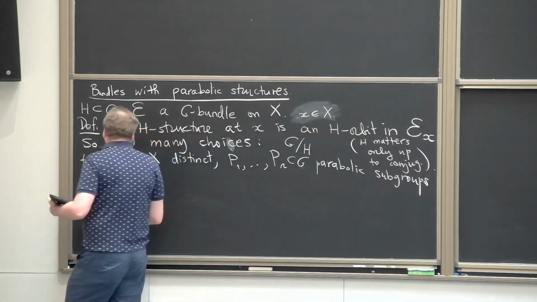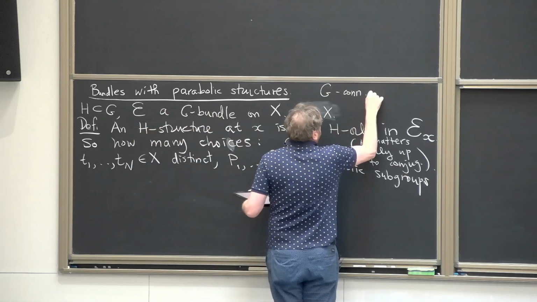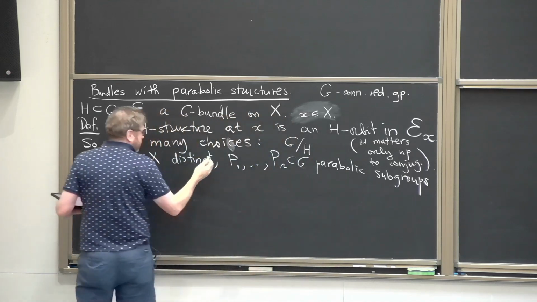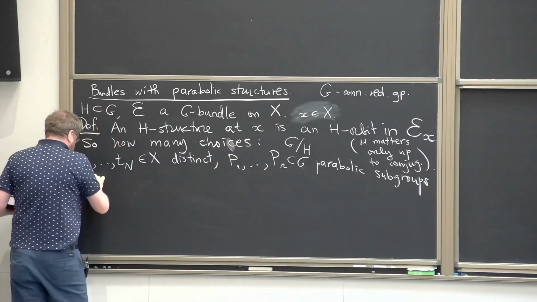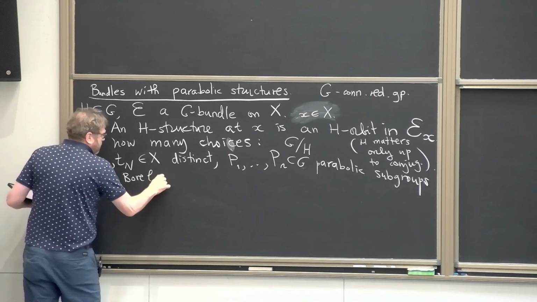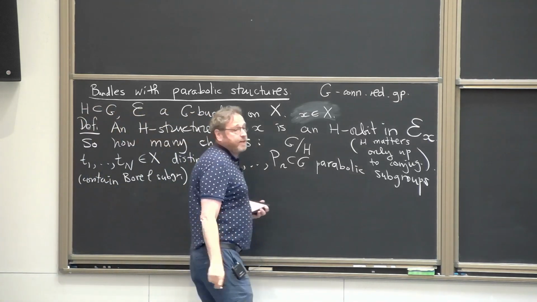So parabolic subgroups, so I remind you that G is a connected reductive group, for example GL_N, and parabolic subgroups means they contain a Borel subgroup. So these are the subgroups for which the quotient is a projective variety.